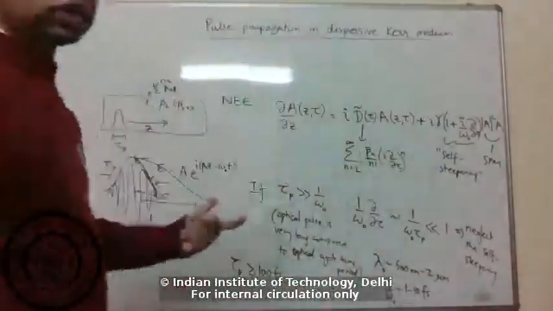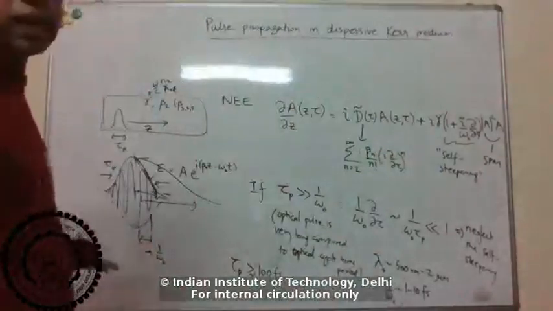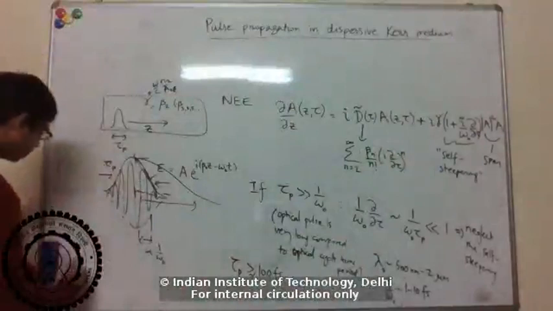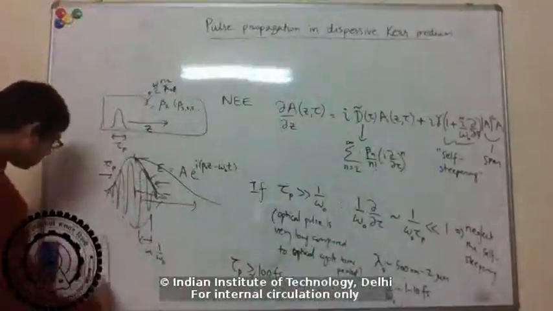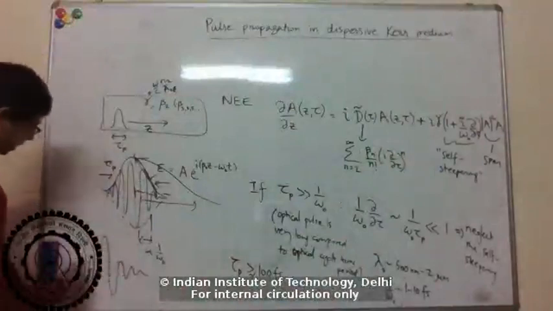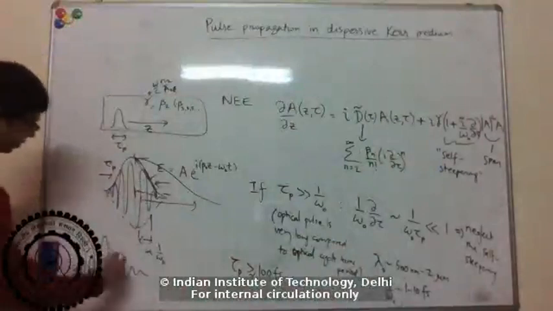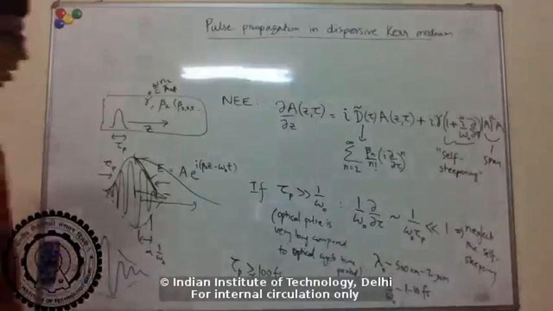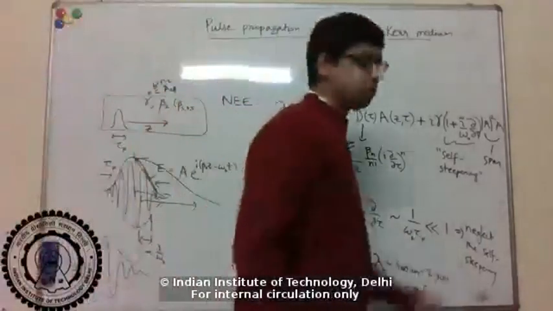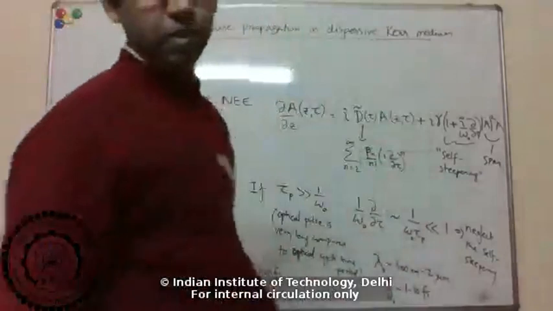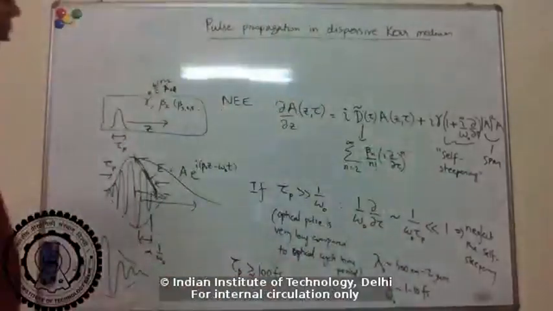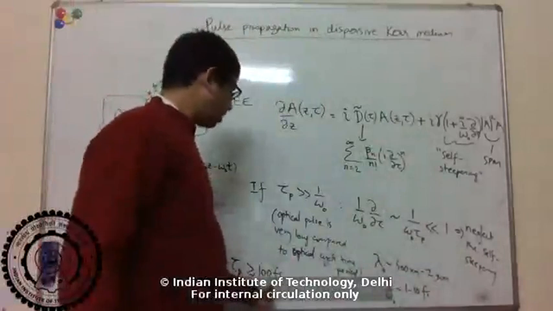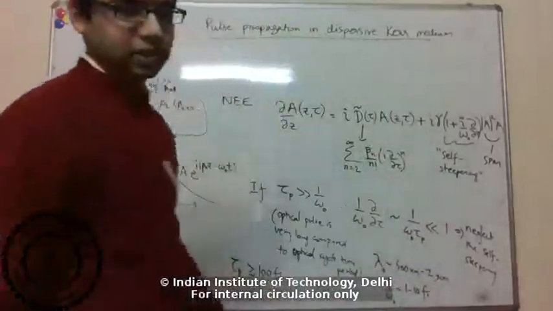For really ultrashort pulses, also called few cycle pulses, the field consists of only a few cycles. In that case this term is not negligible, and you have to consider the self-steepening. But for most practical cases, we consider pulse widths more than 100 femtoseconds, and we can neglect the self-steepening.